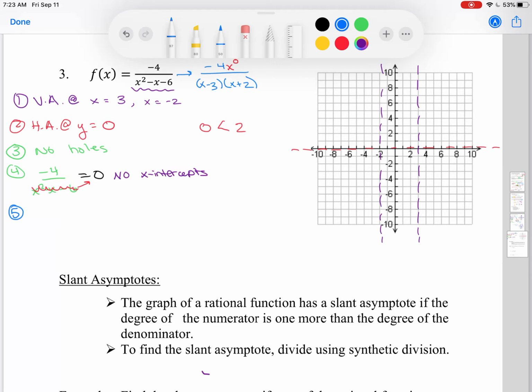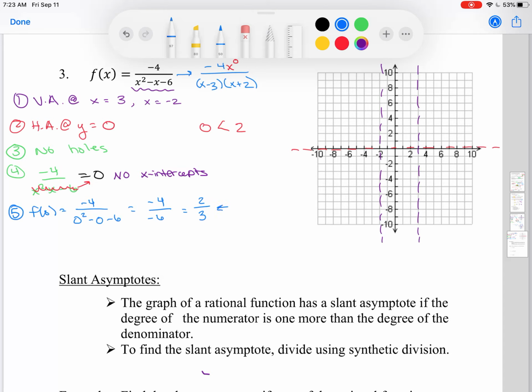Step 5, I'm going to find my y-intercepts. I can do this one. So step 5, I'm going to plug in my zeros for x. So I have f of 0 equals -4 divided by 0 squared minus 0 minus 6. I simplify everything and I have -4 divided by -6. And when I take out the negatives and find a common denominator between the two, I'm going to take out a 2 from the top and a 2 from the bottom.